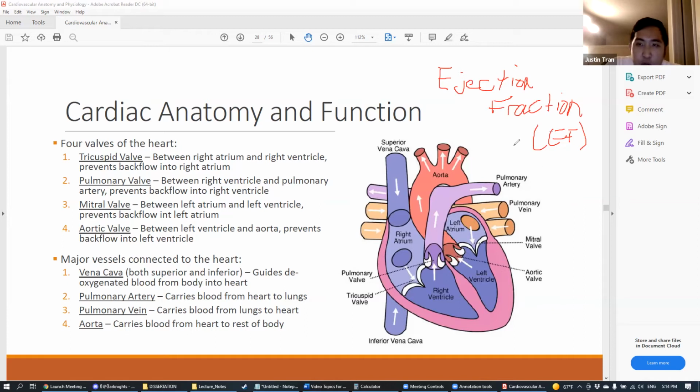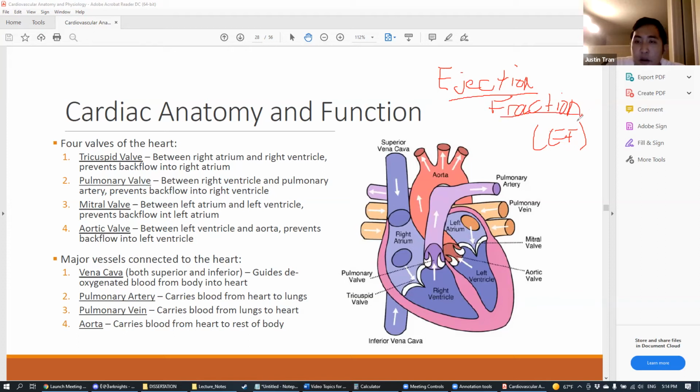The ejection fraction is the percentage of the left ventricle volume that actually gets ejected in each pump. A healthy ejection fraction is usually something north of 60-70%. That means that 70% of the blood inside the ventricle actually leaves the heart, and that's usually pretty efficient.